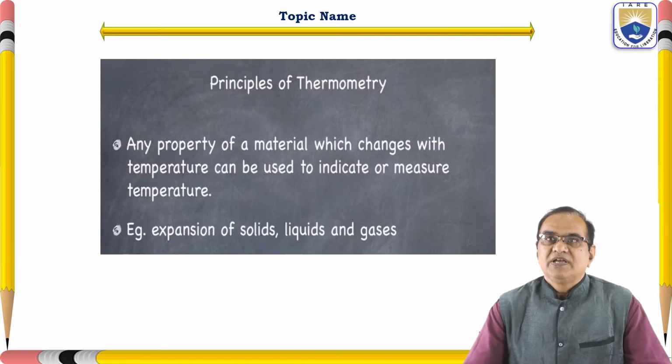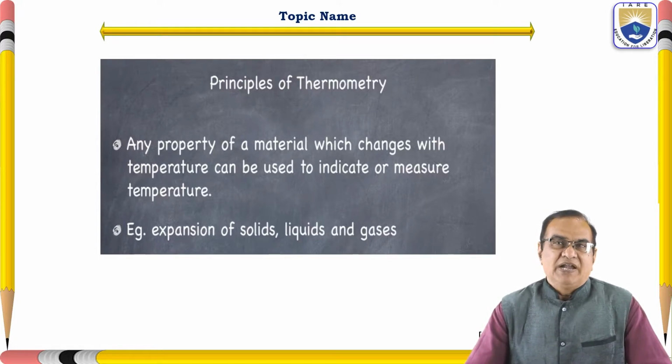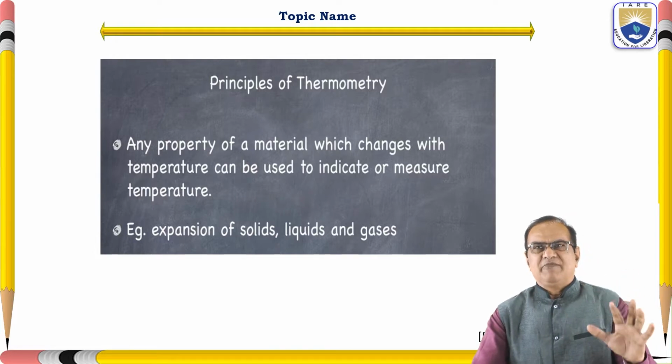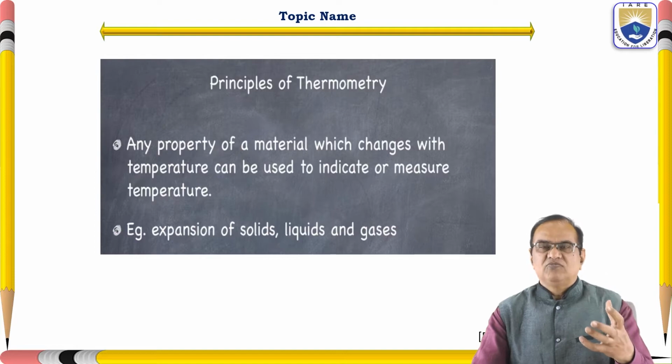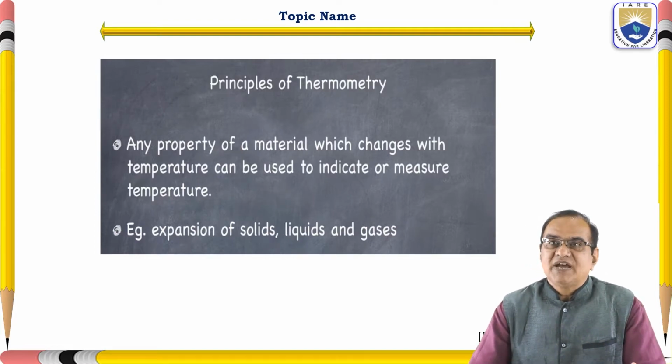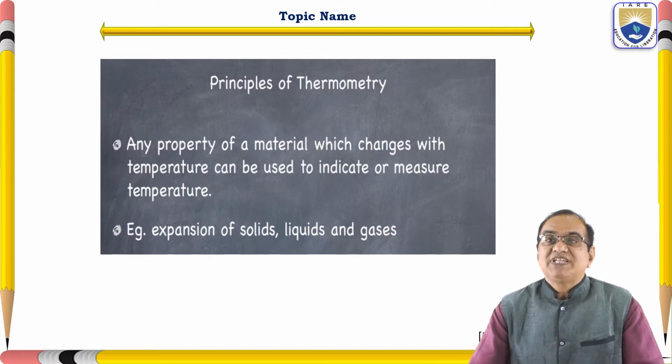Here, the topic is principles of thermometry. Any property of a material which changes with temperature can be used to indicate or measure the temperature. Any property of a material, like expansion or pressure or volume, which changes with the temperature can be used to indicate or measure temperature.